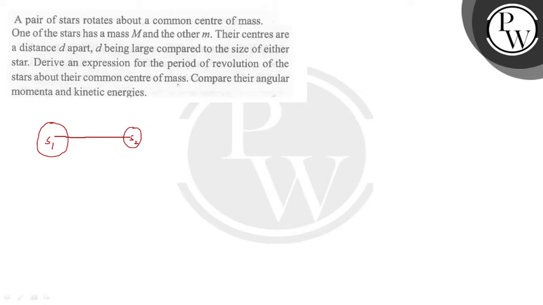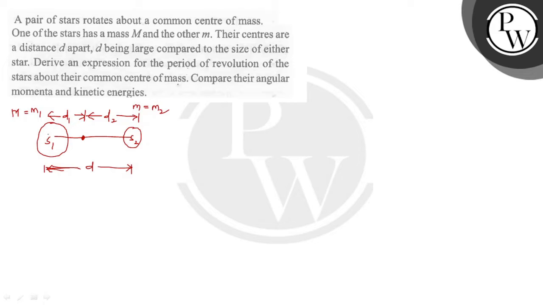The distance between them is d, so d apart. From here there is a d1, and from here to here it is d2. As we know, the masses are m1 and m2.